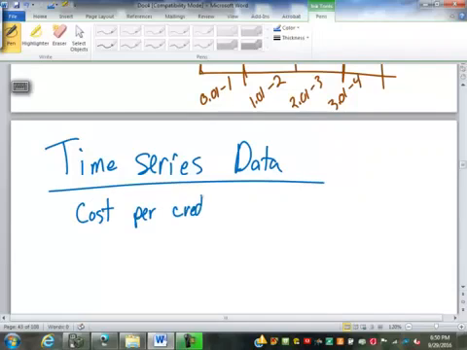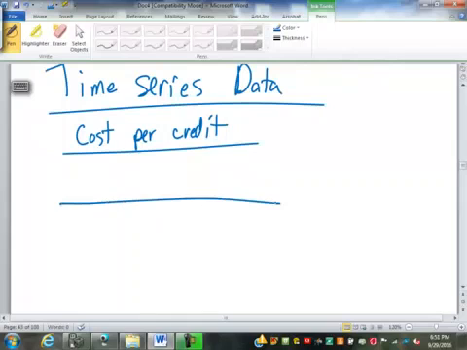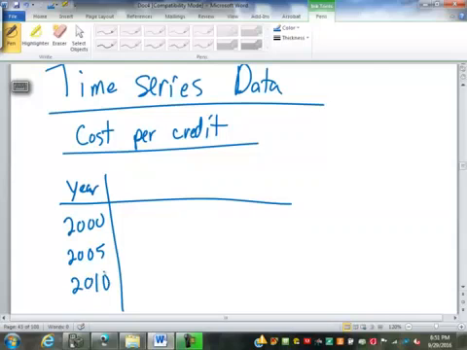Cost per credit. We'll go year 2000, 2005, 2010, and 2015.